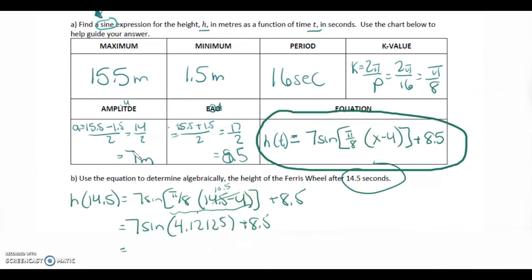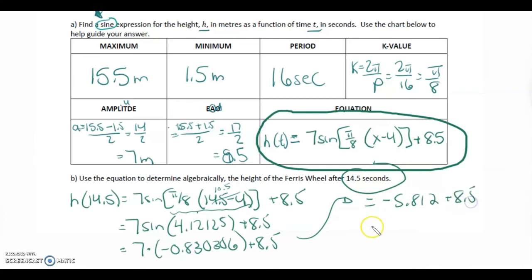Okay, so sine of 4.12125 is going to be 7 times negative 0.830306 plus 8.5. Okay, I'm just going to leave that in my calculator. I get negative 5.812 plus 8.5.